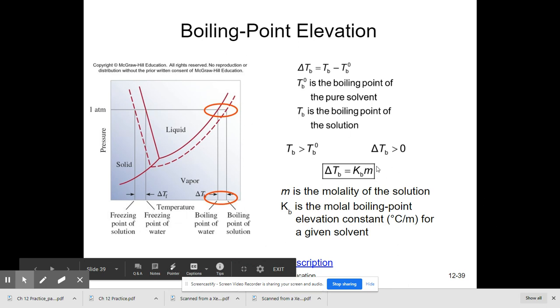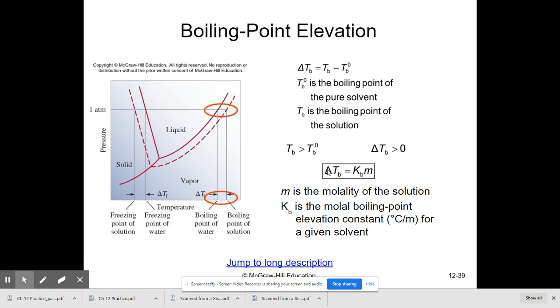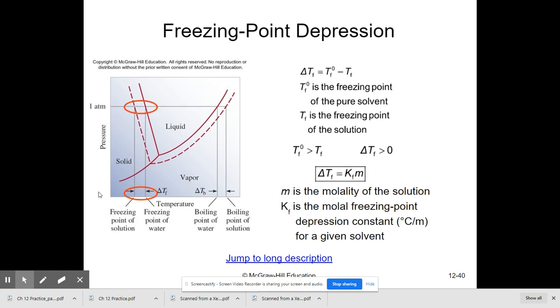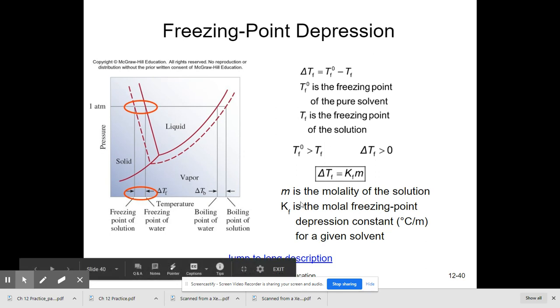So boiling point elevation, delta T, the change in the boiling point, is Kb constant times the molality. So the more ions there are in that solution, or the more concentrated the solute is, the bigger the change in that temperature. Same exact thing for freezing point depression. We have Kf, which is the molal freezing point depression constant.